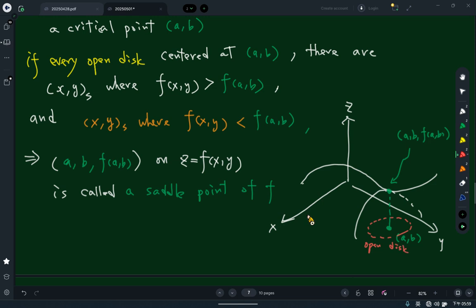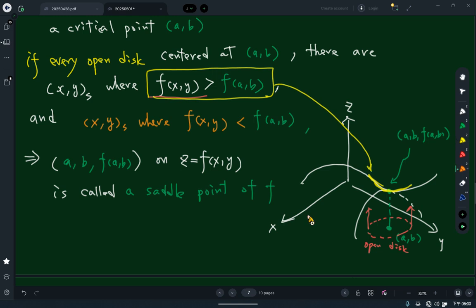When we map the points to the surface, for f of x, y, you can see that in this direction they are larger than f of AB.